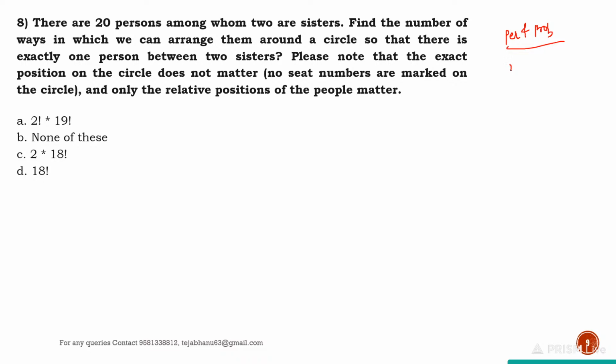See, n different things can be arranged in n factorial ways if the arrangement is linear. If you want to arrange n persons around a circle, we have to follow n minus 1 factorial ways.